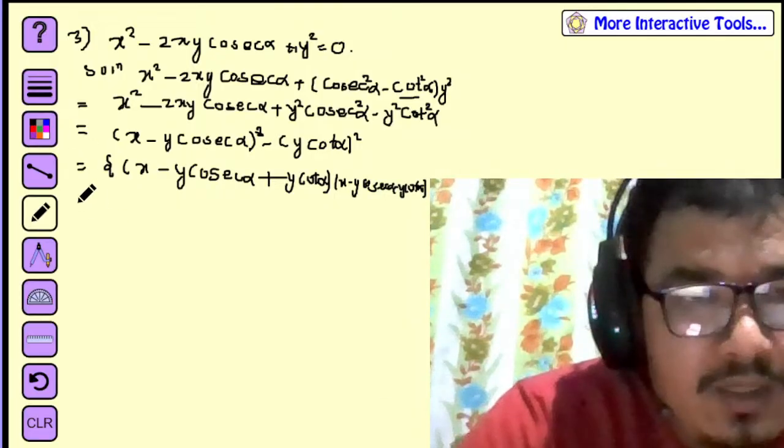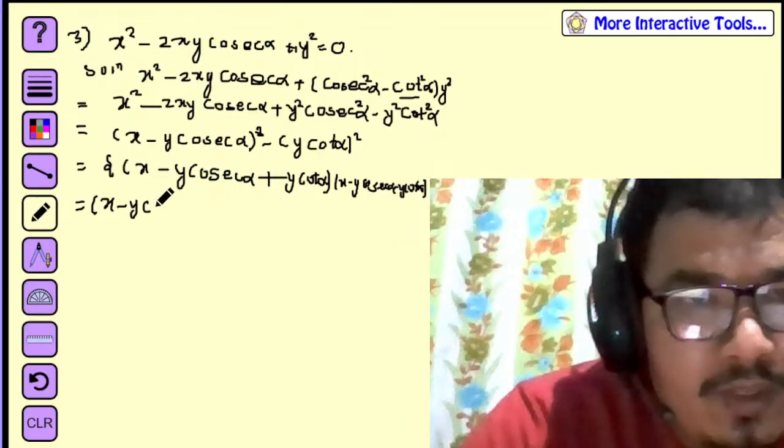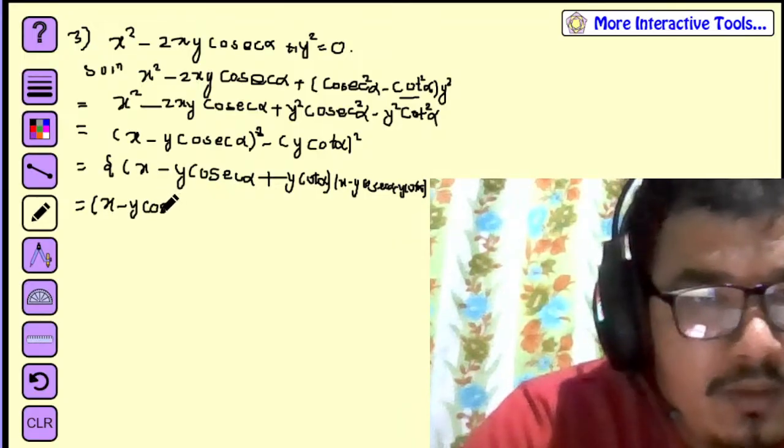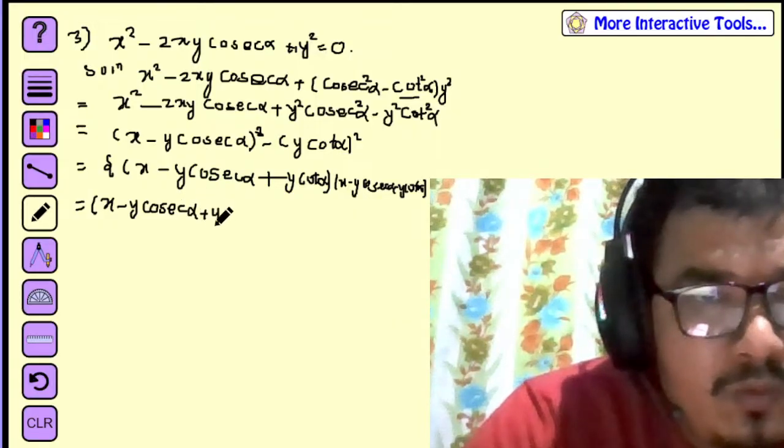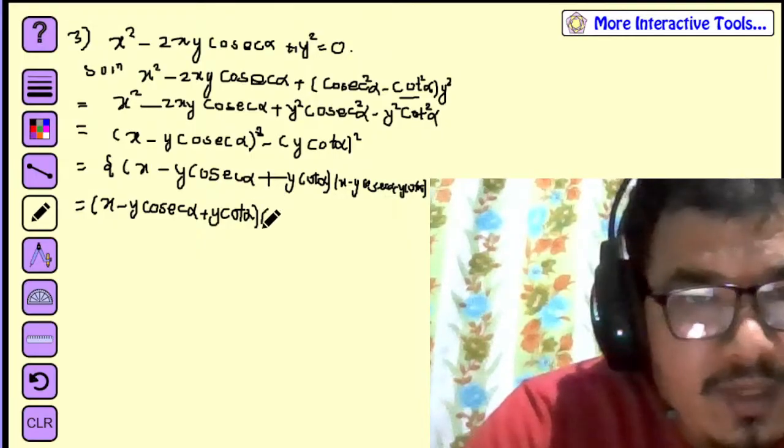Now these two are the separate equations. One factor we can write is x minus y cosec alpha plus y cot alpha. This is one equation, the first factor, and then there is the second factor.